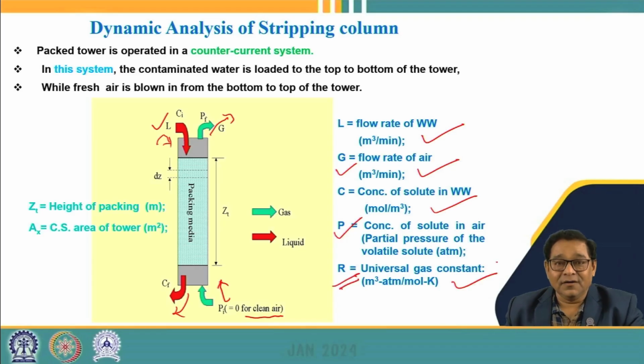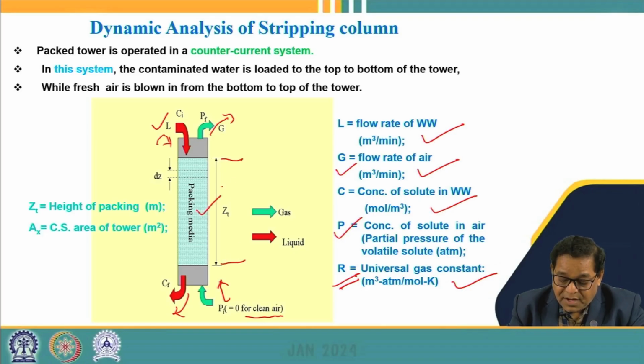And if we consider this is the column where this is the packing media, let's consider ZT, which is the height of the stripping column. The cross sectional area of this column is AX.